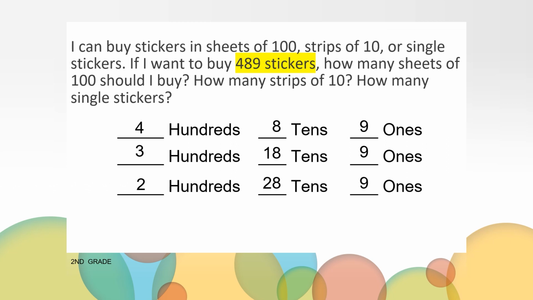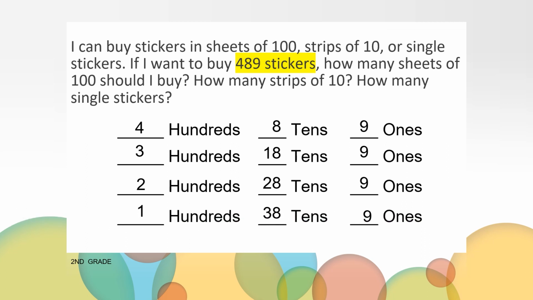You could also have 2 hundreds, 28 tens, and 9 ones, 1 hundred, then 38 tens and 9 ones, or maybe even 0 hundreds, 48 tens, and 9 ones. There are many ways to name a number, and mathematicians learn to be flexible with different ways to create numbers. With practice, this will make more sense to you too.